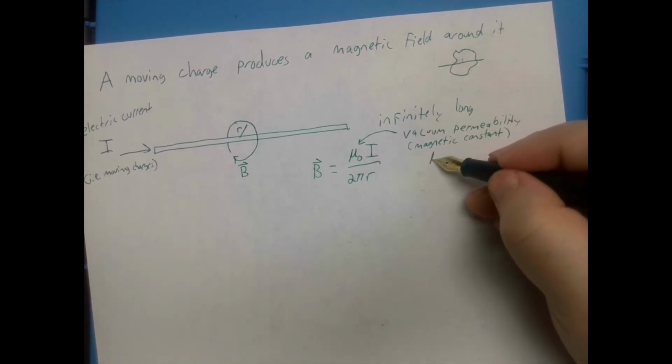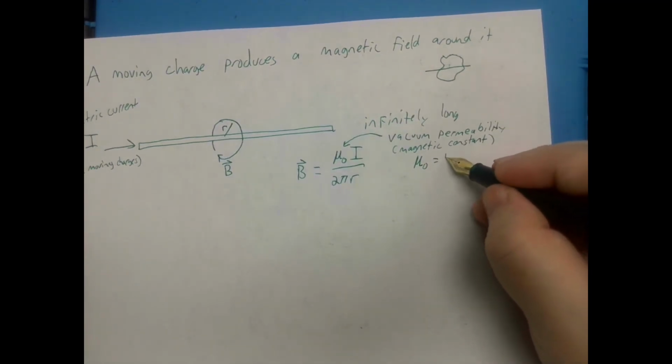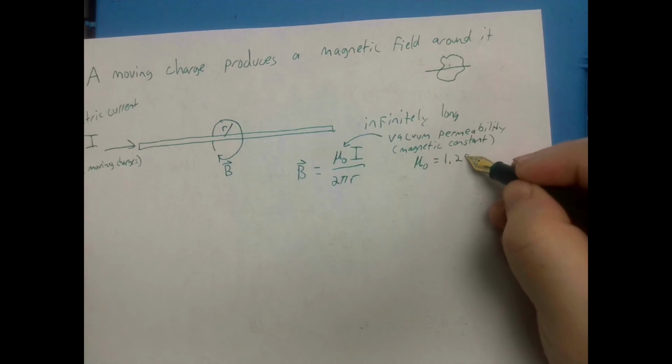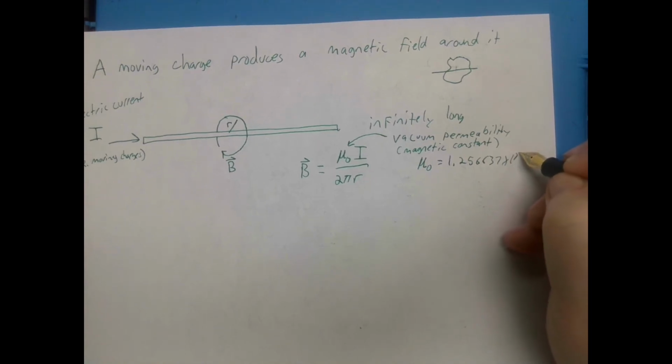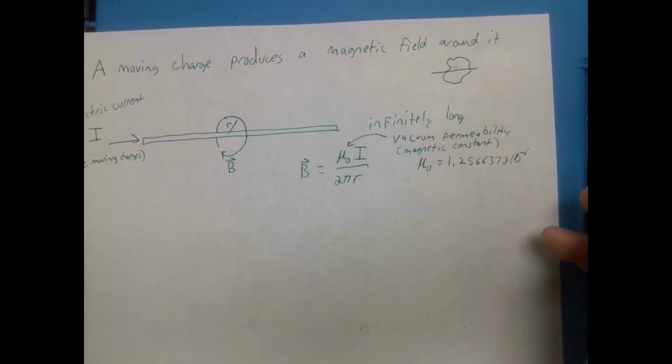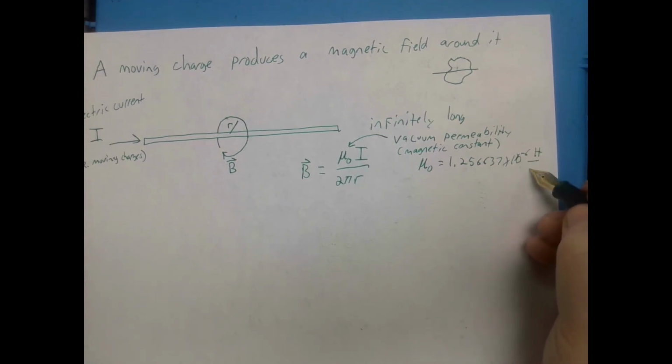And mu naught is equal to 1.25637 times 10 to the negative 6 Henry per meter.